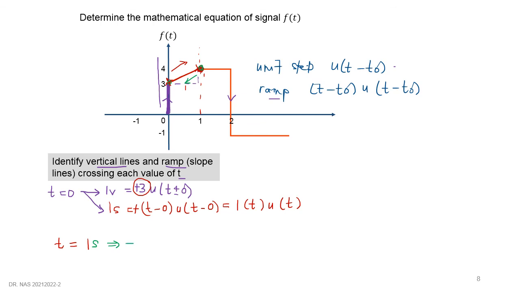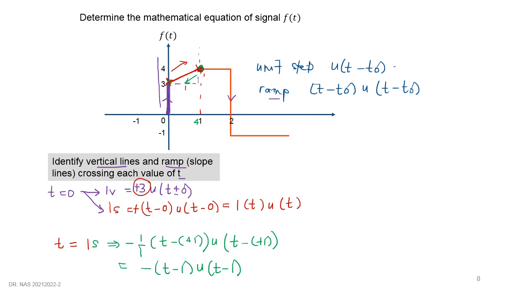How about the gradient? The gradient is y over x. And then you have t minus positive 1, u(t minus positive 1). So this one equals negative (t minus 1) u(t minus 1).